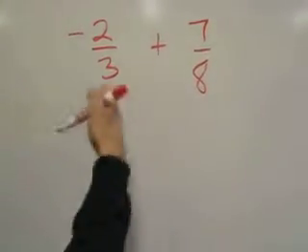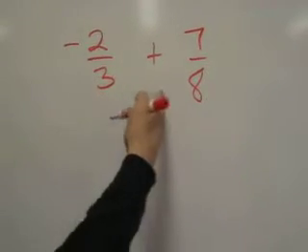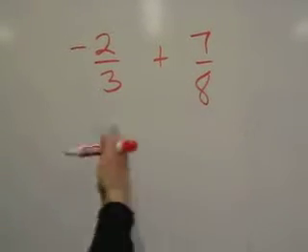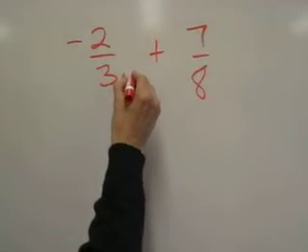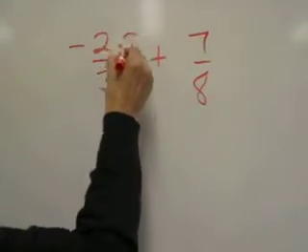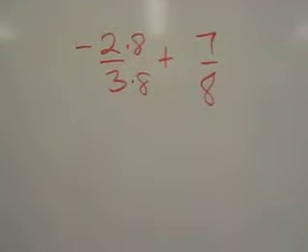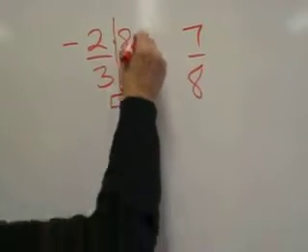So we've got to get a common size part for thirds and eighths, and that common size part would be 24ths. So in order to do that symbolically, I take and multiply this rational number by 8/8, which is really just another form of 1.